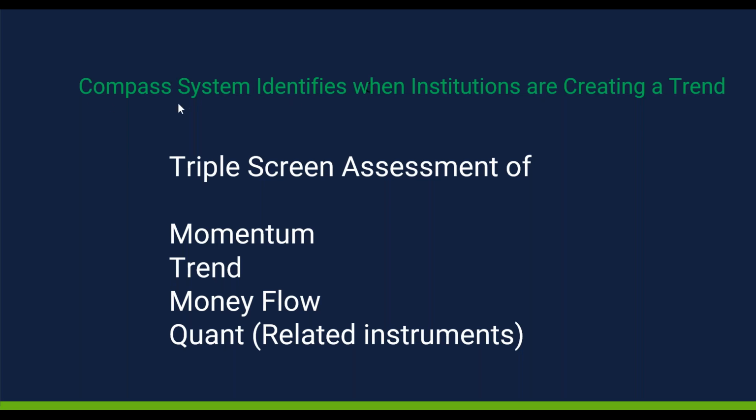Now, just so you know in more detail, how does the Compass system identify when institutions are creating a trend? We do what's called a triple screen assessment. That's a fancy way of saying we look at multiple time frames. It's a fractal comparison here. So we're looking at multi-time frame assessments of four things. The momentum of a stock.